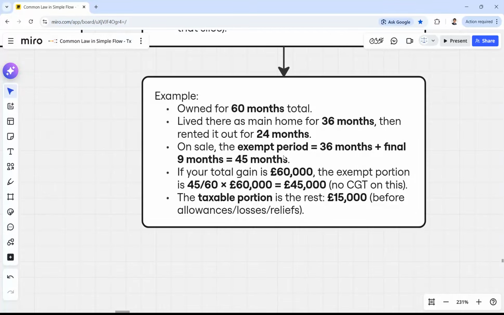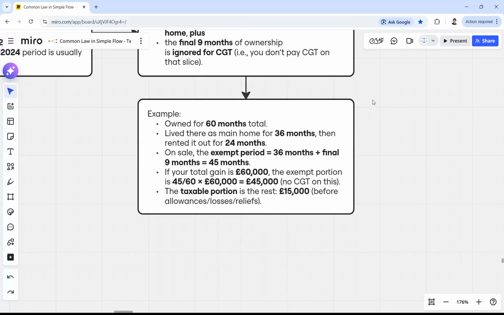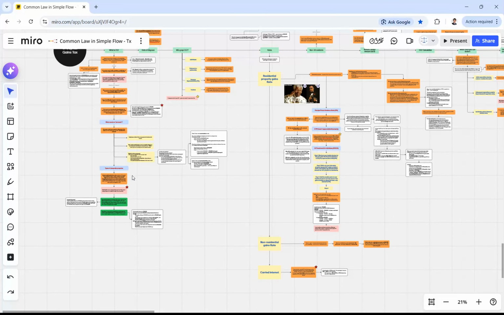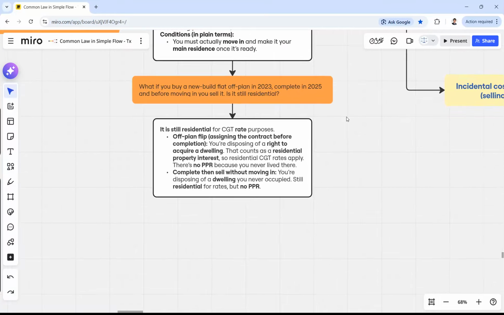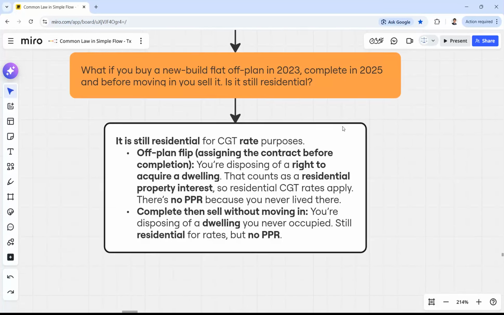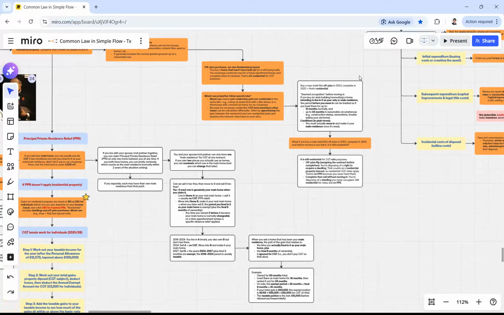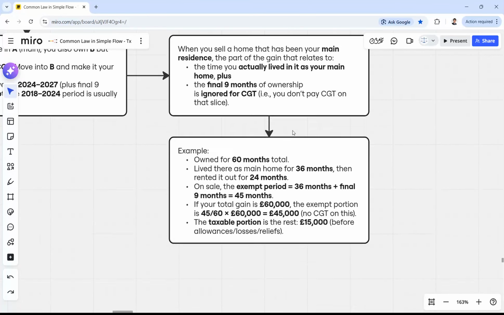On sale, the exempt period will be 36 months, the period that you lived there, plus 9 months, so altogether 45 months. And let's mark it also with a red star, because the period when you lived in your apartment will be free of charge, and the rest of the period will not be. Where is our calculation? Here.